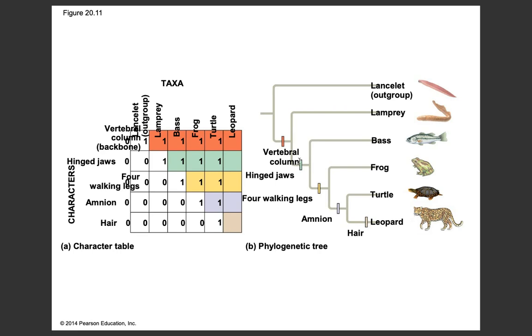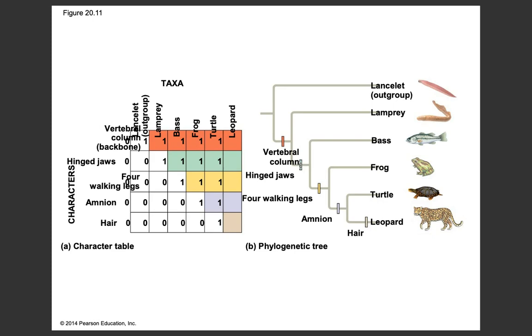Same thing for the hinged jaws. Hinged jaws first came in the bass. Yes, the bass is over here because it's offset because of weird formatting. Hinged jaws developed after the backbone, because it's to the right. Hinged jaw is here. Now, what do we know to be true? If it developed here, does anything before it have a hinged jaw?